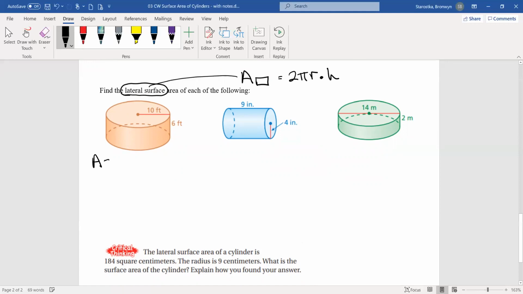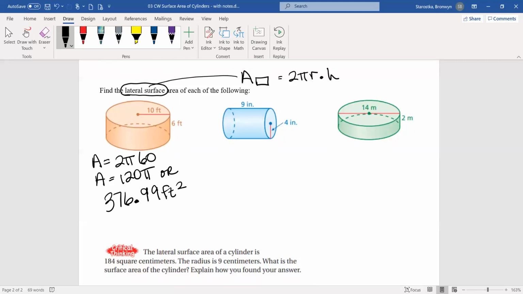Area equals 2 pi, radius times height, that's 10 times 6 is 60. Area is 120 pi, or 376.99 squared.